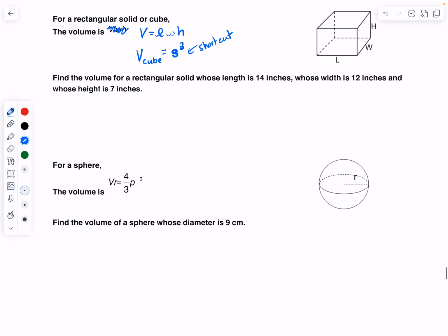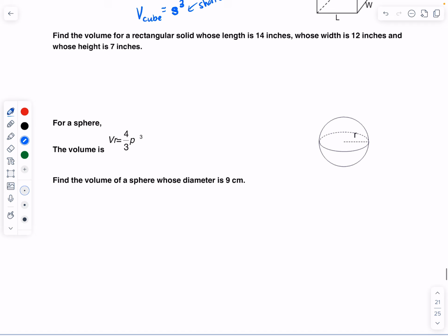Okay, so find the volume for a rectangular solid whose length is 14, whose width is 12, and whose height is 7. All right, if we draw this out, I'm just going to connect these up.